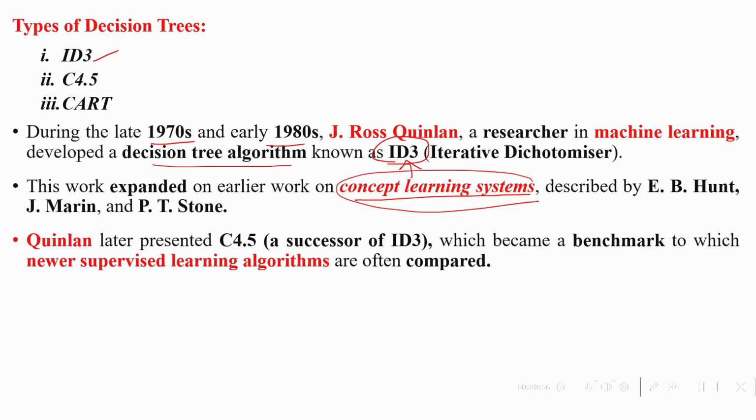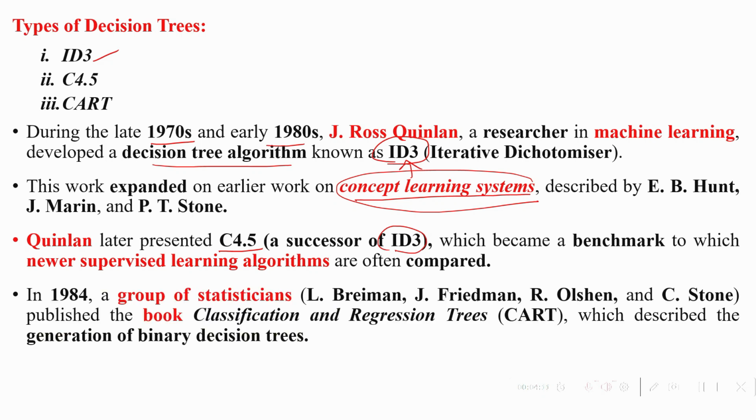Quinlan later presented one more algorithm called C4.5, a successor of the ID3 algorithm, which became a benchmark to which new supervised learning algorithms are often compared. In 1984, a group of statisticians, J. Friedman and C. Stone among others, published a book called Classification and Regression Trees.